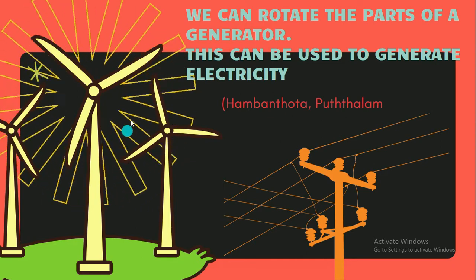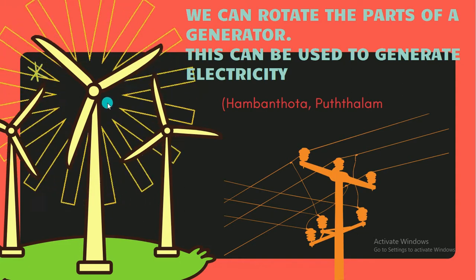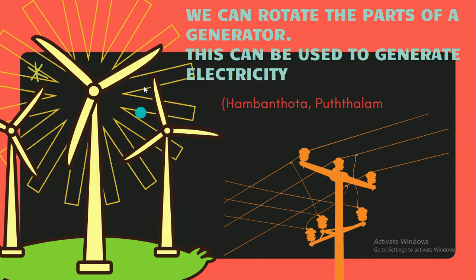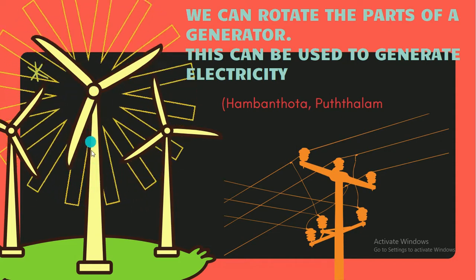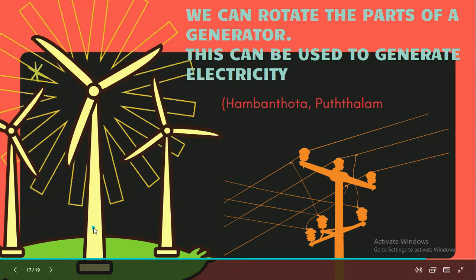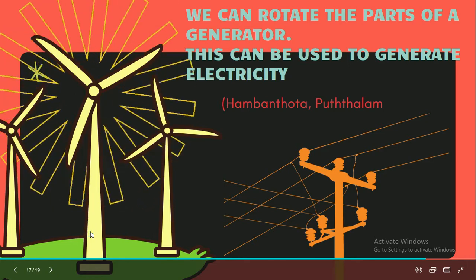Okay. When wind is blowing, these fans rotate. These fans are also connected to a turbine, and due to the rotating of the turbine and connection of the dynamo, electricity can be produced.